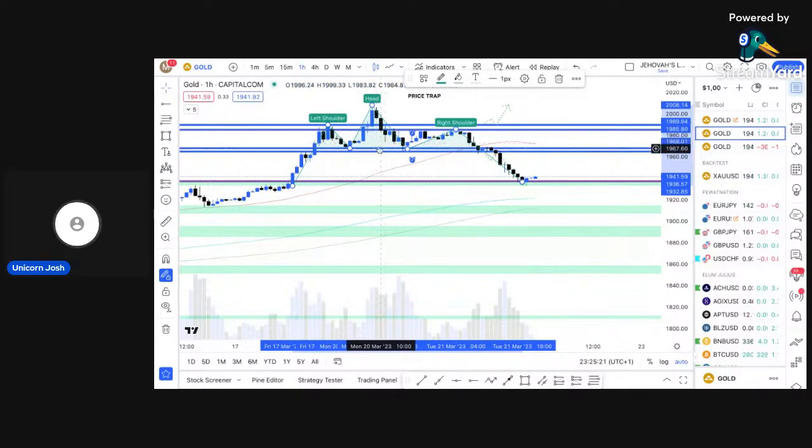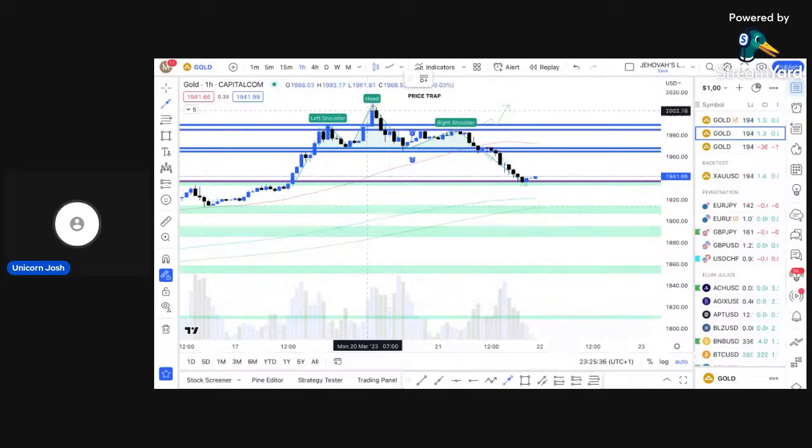So this zone is our neckline, and once price breaks below that zone, that is the entry for your head and shoulders pattern. And for your exit, you'll be looking at taking the pattern's projected distance of movement.